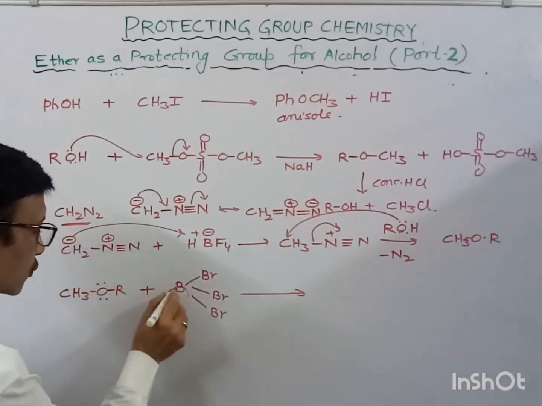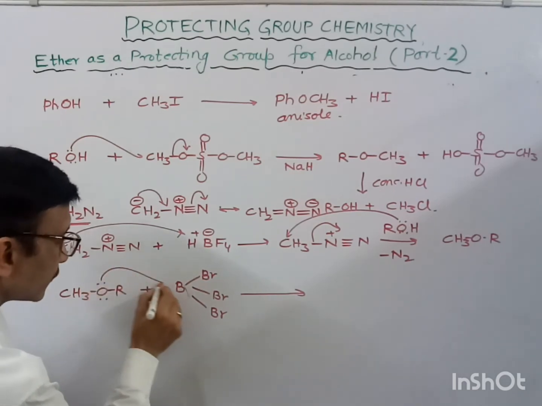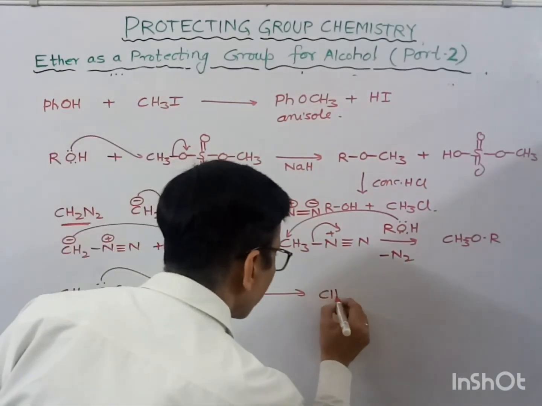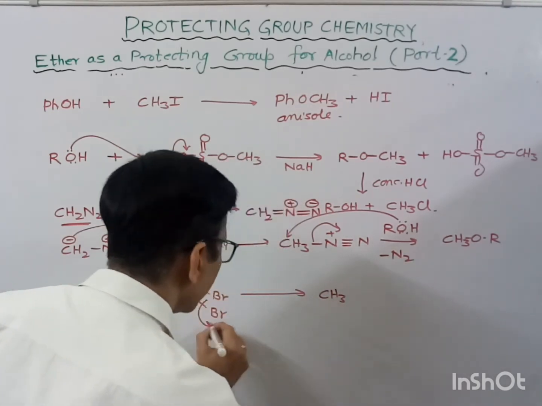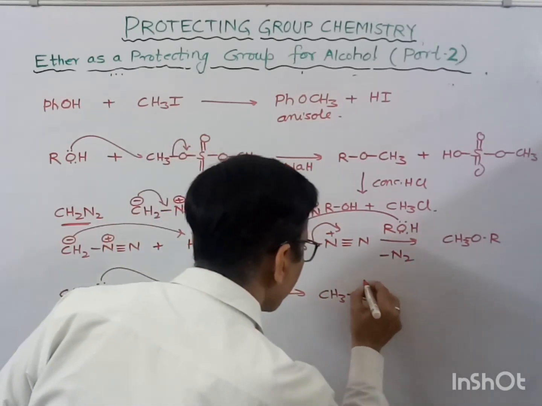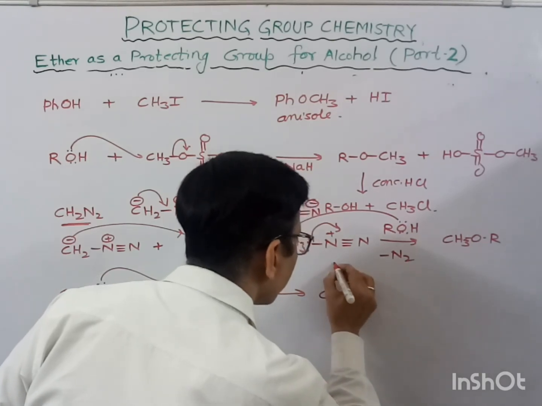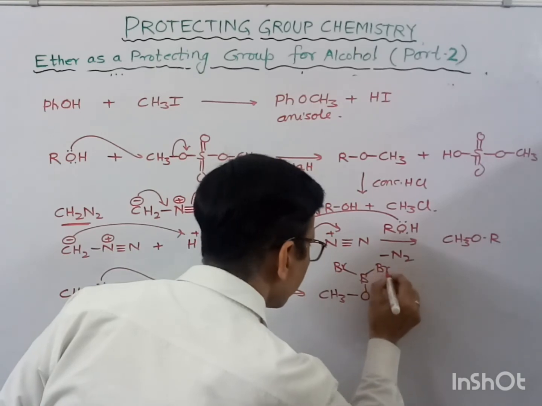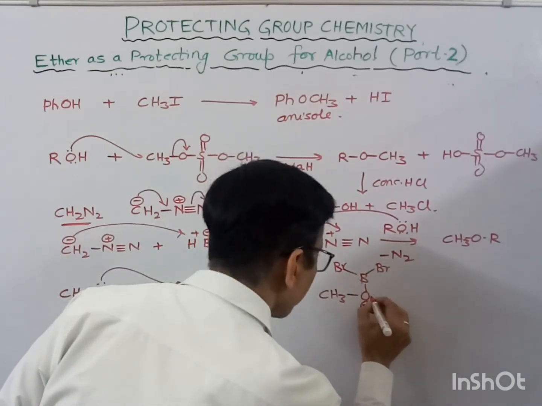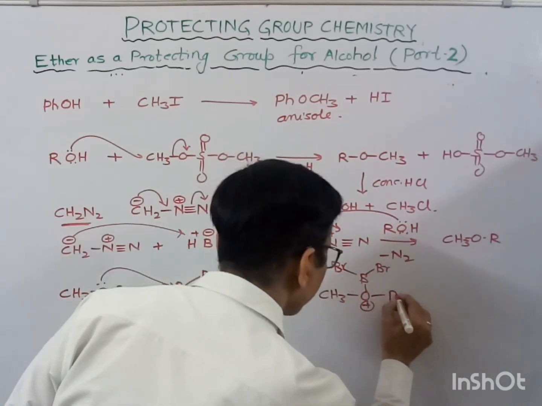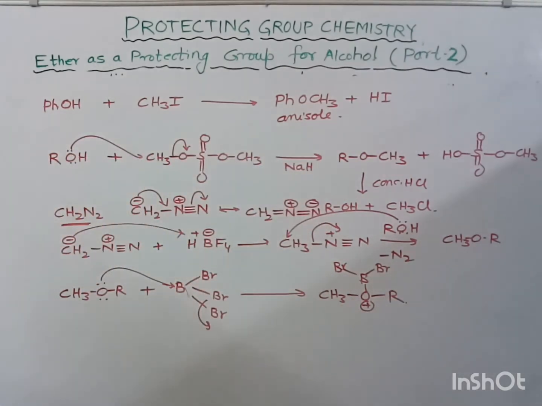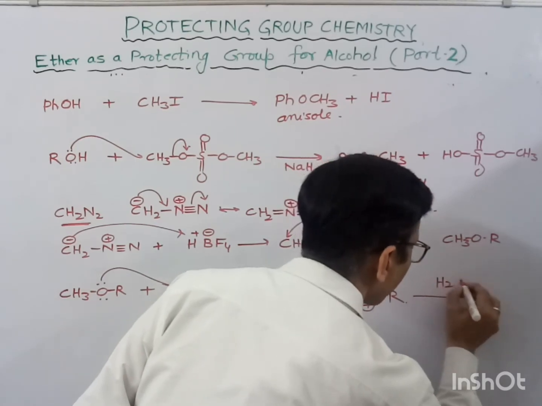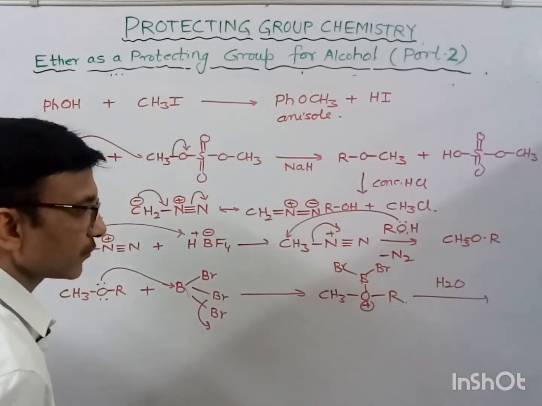This boron has a vacant orbital, so it will form a complex, and this bromine will leave out. After the hydrolysis, what do we get?